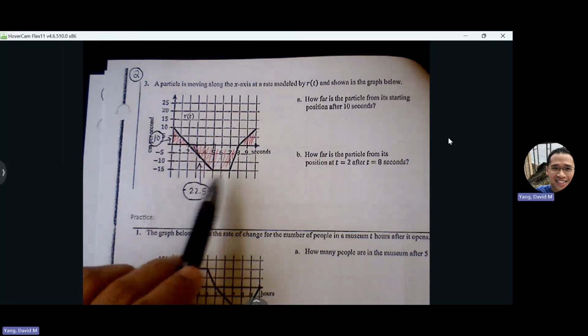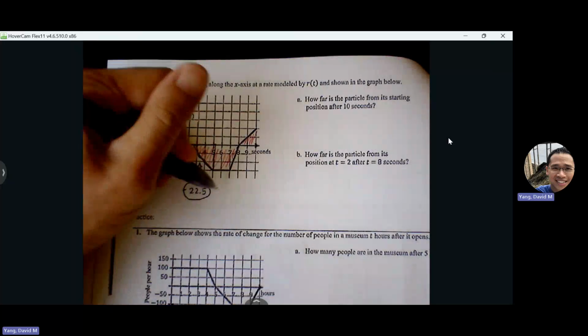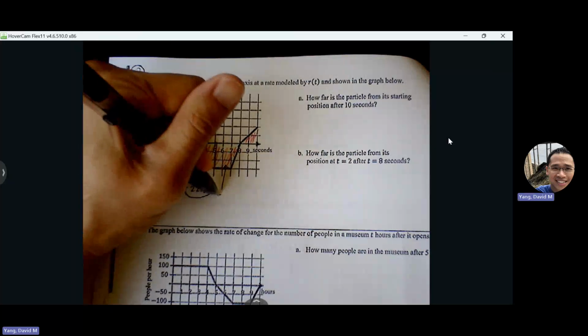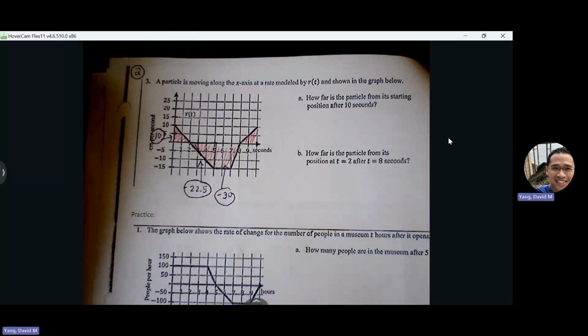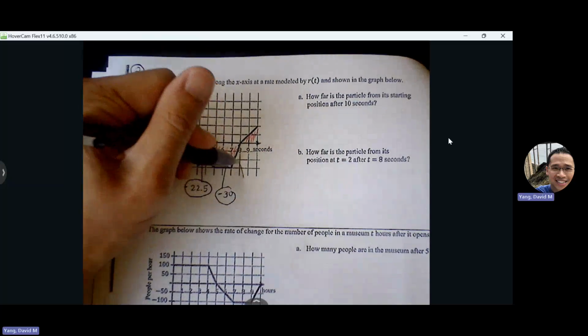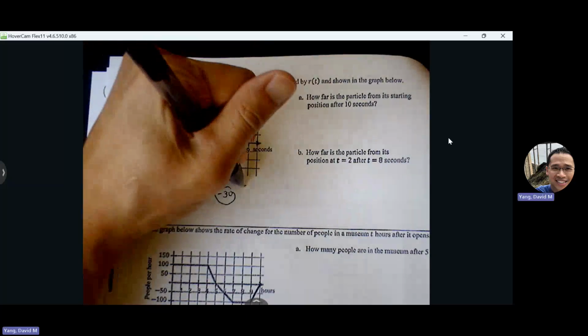An accumulation of centimeters per second is going to give us centimeters. So it's going to travel left 22.5 units. There's a rectangle here, base times height. That's negative 30. Or 30 is the area, but then negative 30 indicates displacement. There's another triangle there, 1/2 base times height.